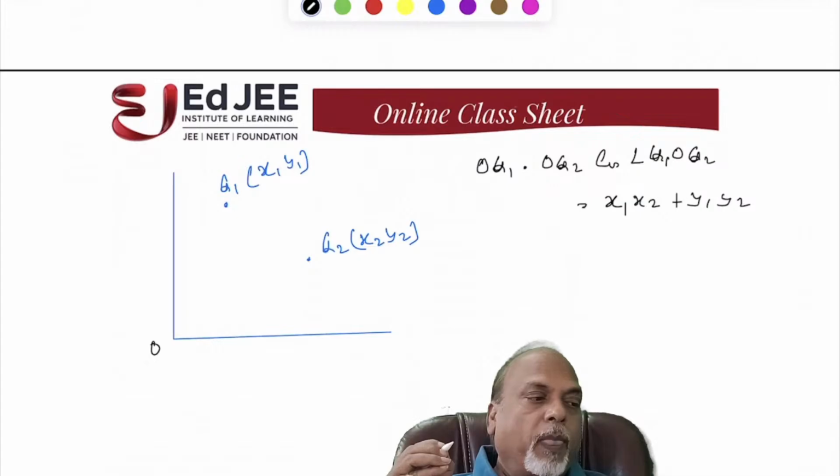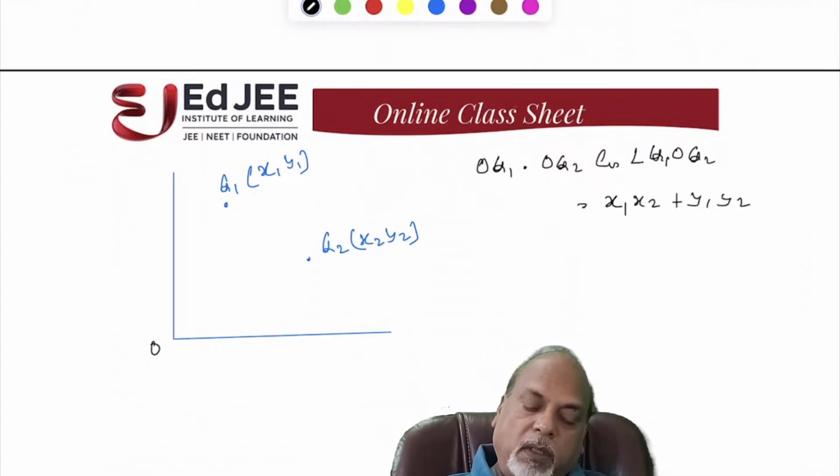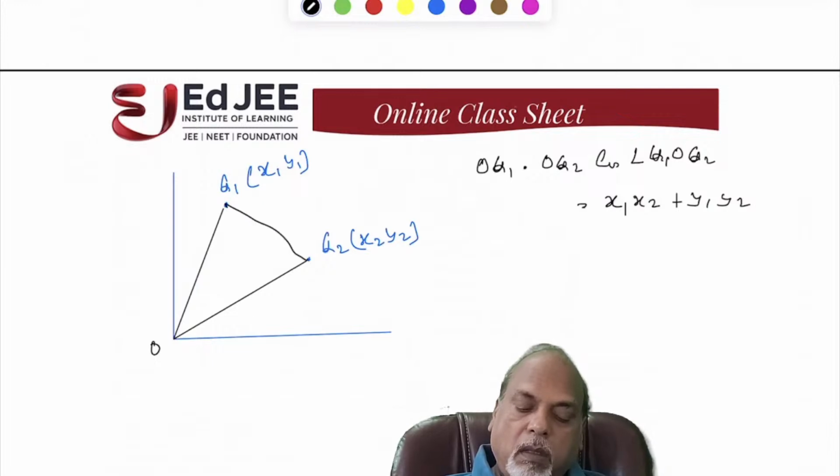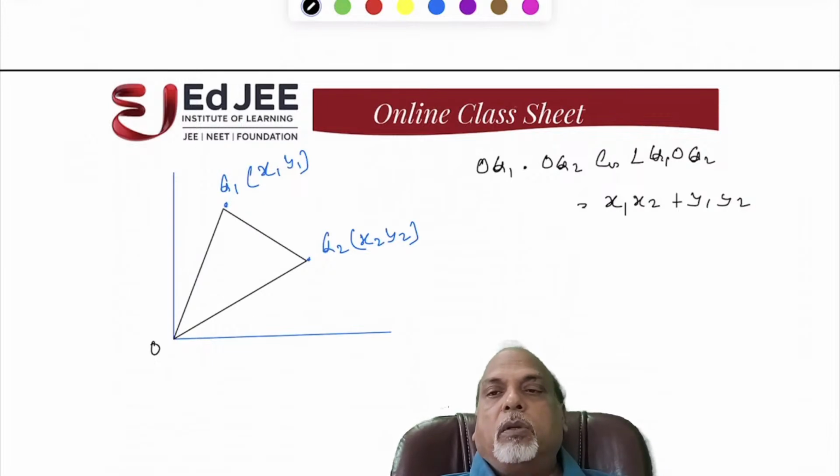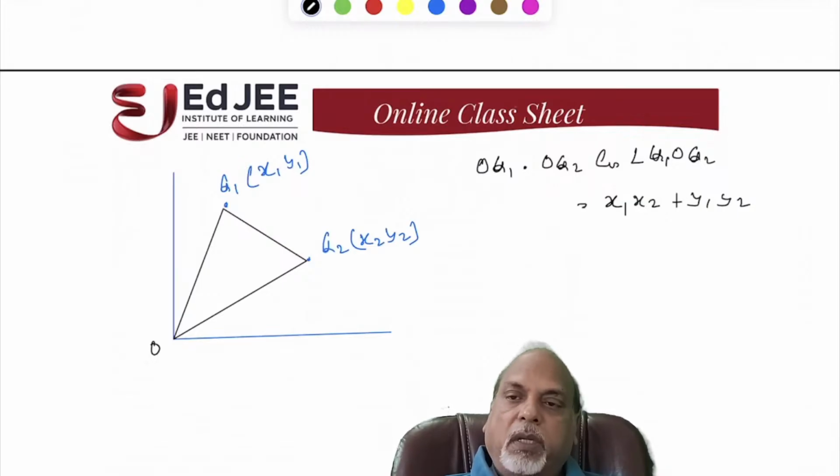Correct? How to solve this? Let us first make the triangle. So this is your O Q1 Q2 triangle. In this triangle, what is this angle? This angle is angle Q1 O Q2. Correct?